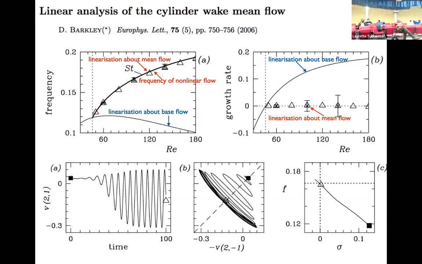This is still all from Dwight's paper from 2006, Europhysics Letters. This is just a trace as he's doing a simulation, and so you see the oscillation, and this is the beginning from the base flow, and then you get to this, and if your eyes are good, you will see that the period here is longer than the period here.